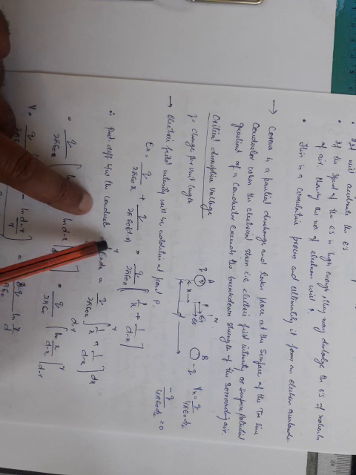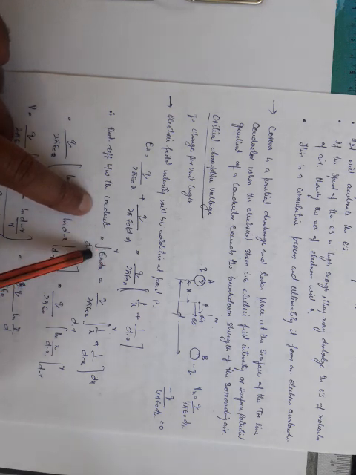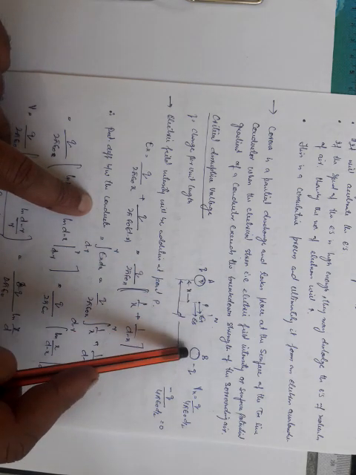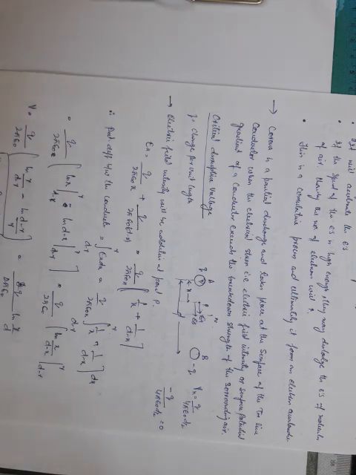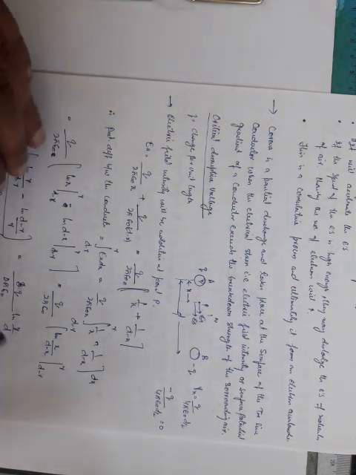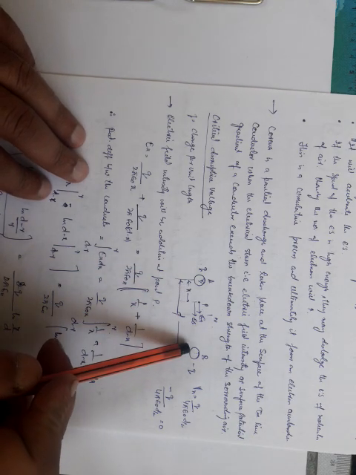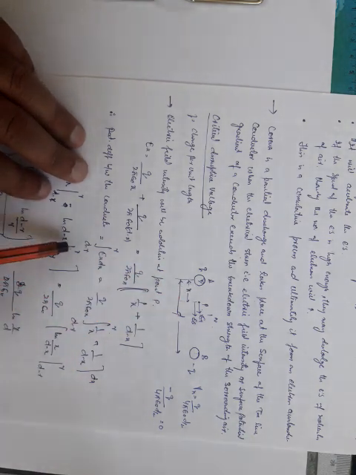We will integrate the electric field, the line integral of the electric field from the surface of this conductor to the surface of this conductor, which will give us the potential difference between A and B. That we have written over here.